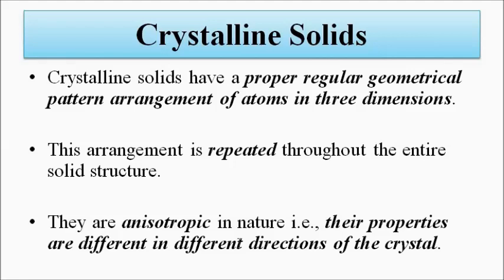For example, the electrical conductivity at one place will be different, at another point it will be different. The melting point at one point will be different, at another point it will be different. The appearance and the texture will be different at different places. So this is what the anisotropic nature of crystalline solids means.